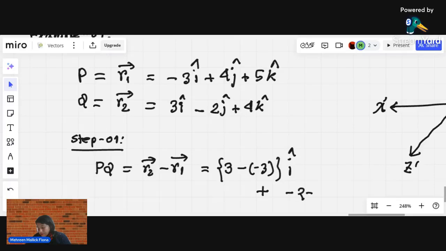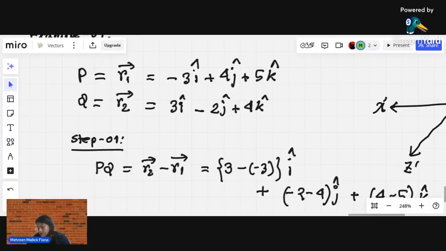I plus, then minus 4 j, then the third component, that would be 4 minus 5 and k.